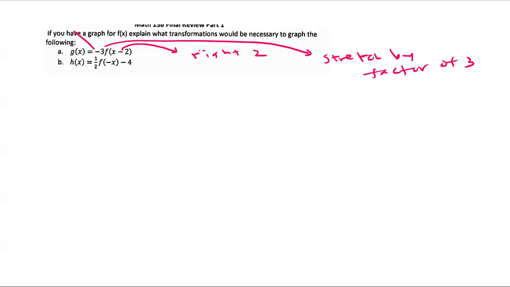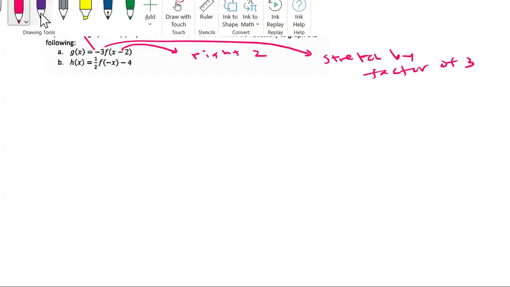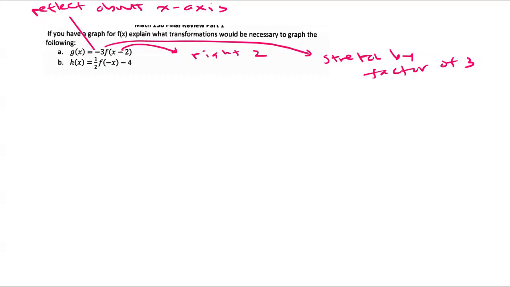Okay. And then the negative there, if you look in the graphing techniques, the negative in the front just means it's going to reflect about the x-axis. Down here, the -4 is going to tell us it's going to go down by 4.